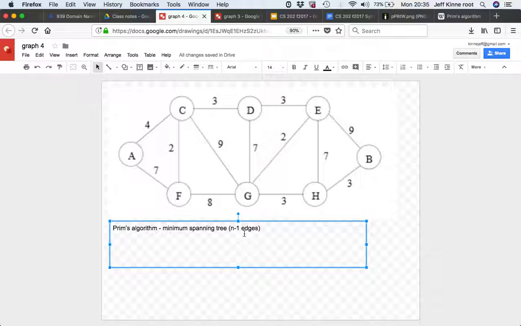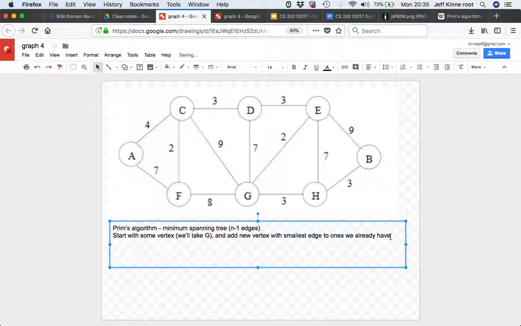Alright, so we're trying to find a minimum spanning tree, and the basic idea is start with some vertex. Let's say we start with D. And add the smallest edge to the ones we already have.